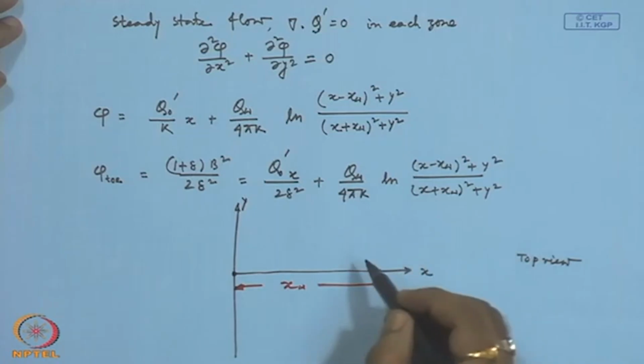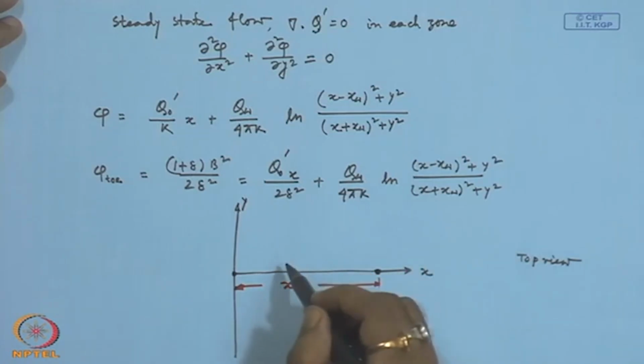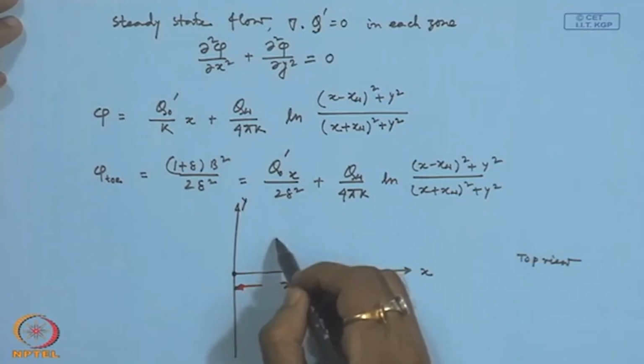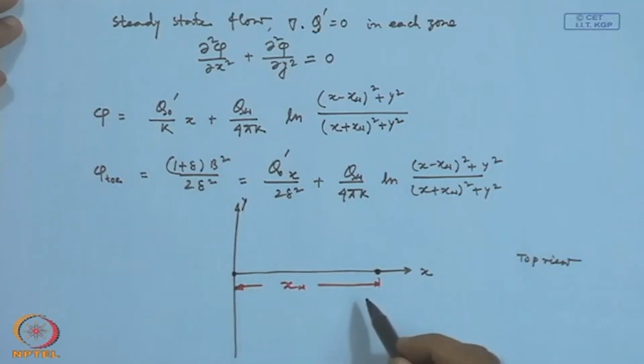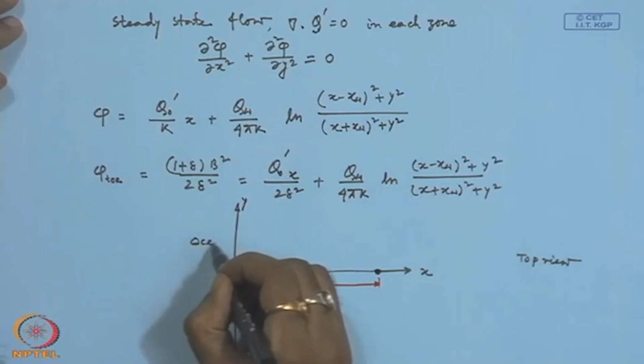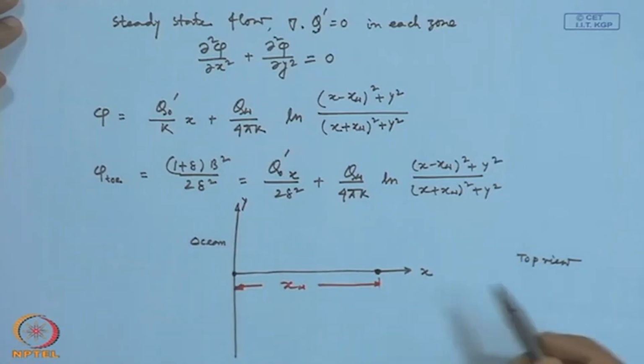For different pumping values, we can have different locations for the toe.